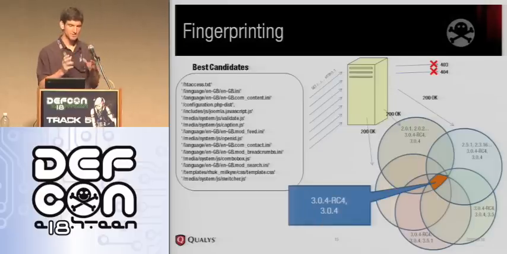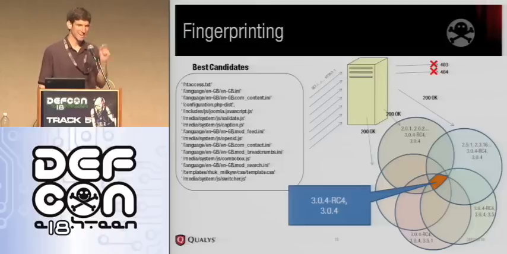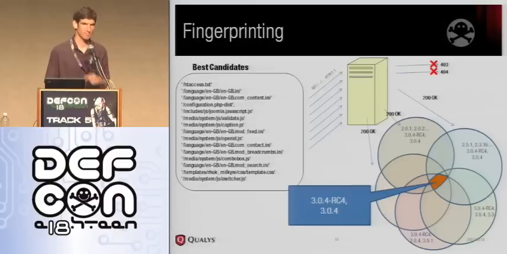If the intersection is small enough for our purposes, whatever those purposes are, then the fingerprinter has done its job. So what this inner area represents is versions for which some file, or more than one, has provided concrete evidence for the existence of that version, but no file has said that version can't possibly be there based on what I found. Everybody jive with that? Cool. Got a couple of heads nodding. Awesome.